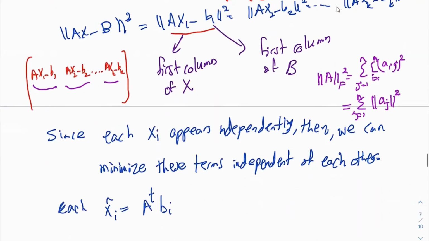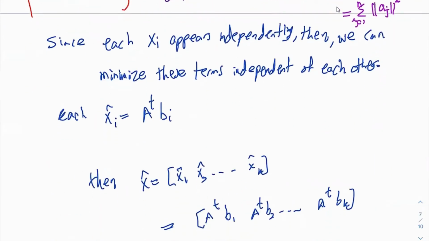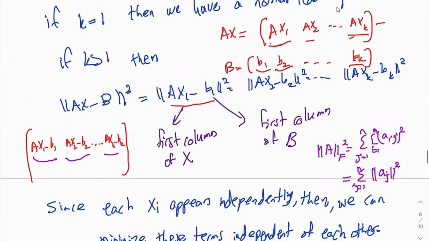So here I explain it further, since each xi appears independently. Now we want to minimize this one, right? If you want to minimize this expression, now we are in business. Look at that. The first term, A x1 minus b1, only depends on x1. If you want to minimize this with respect to x1, you don't need to care about x2 all the way to xk. You minimize this term separately with respect to x1. This is going to be a normal least square problem.